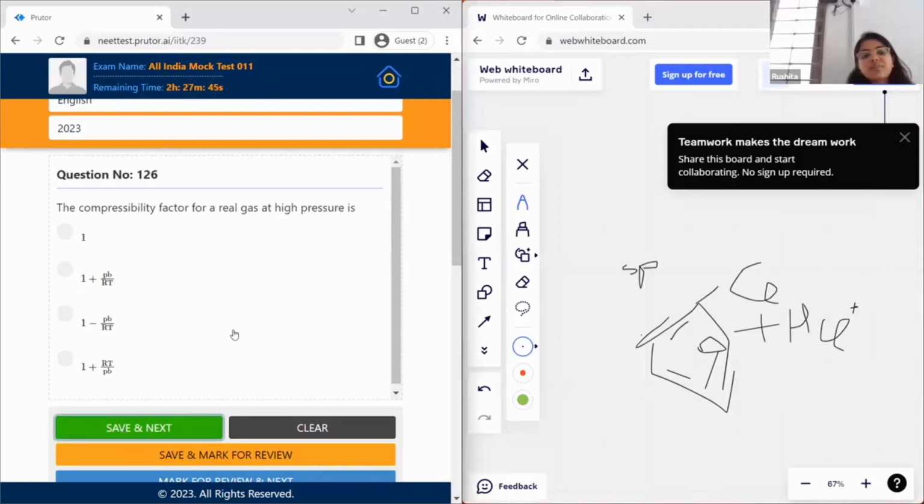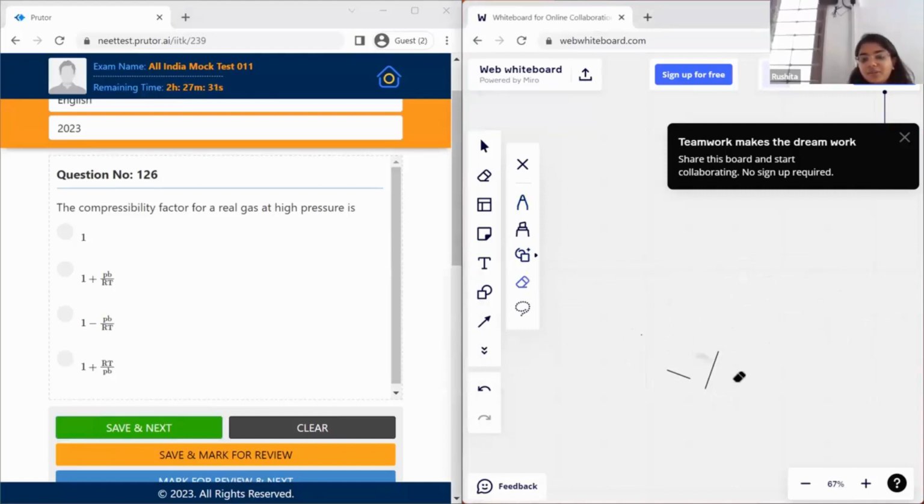The compressibility factor of a real gas at high pressure. There is a real gas equation, which you probably know from NCERT, which is (P + a/V²)(V − b) = nRT, where V is the volume and n is the number of moles.